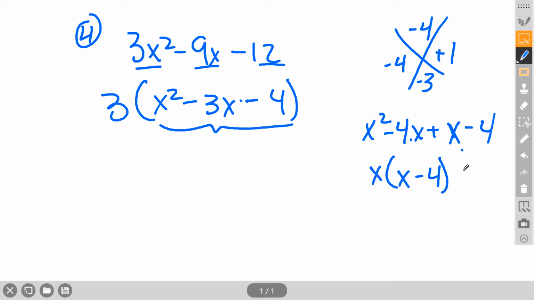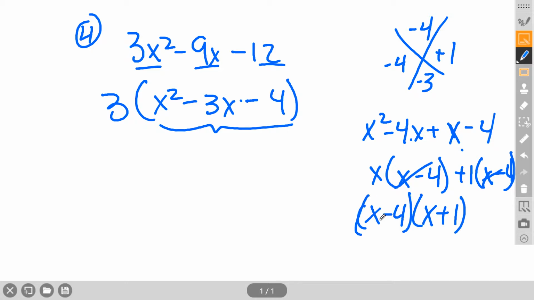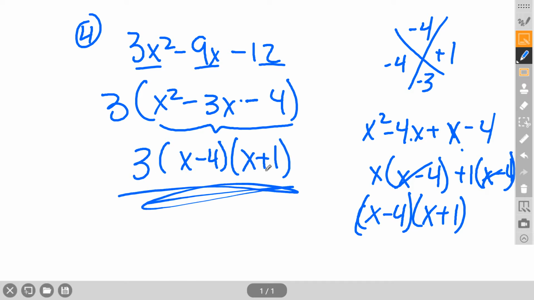So factor out the x, factor out a 1. Okay, so these would have x minus 4 in common, and I'm left with x plus 1. So this factors into x minus 4 and x plus 1, and it has the GCF, the factor of 3. So this one, number 4, has three factors: 3, x minus 4, and x plus 1.